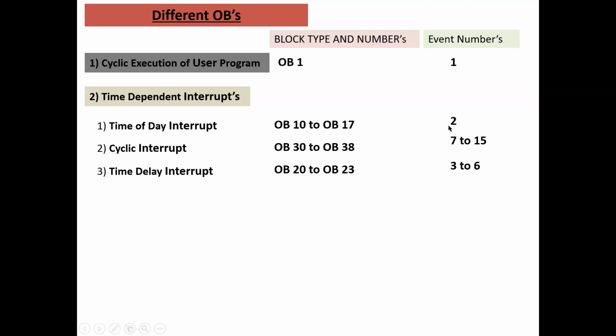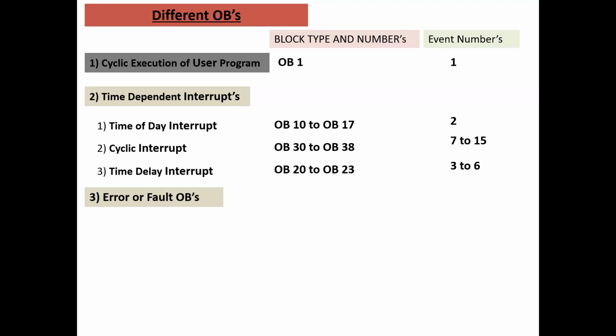OB10 event number is higher, number 2. So it stops OB1, executes this only one time, and then goes back to OB1. So this is what is happening in the OBs. Other OBs apart from OB1 are executed only one time when that event occurs, whereas OB1 is scanned continuously.